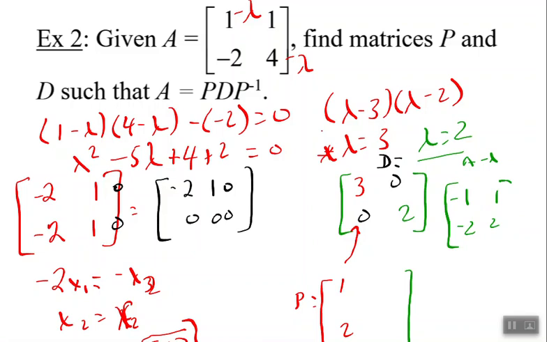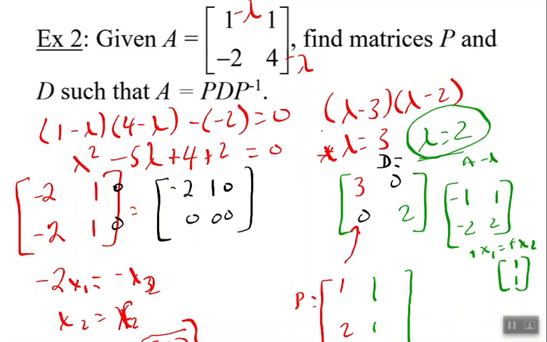Again, this row is just a combination of the first row. So now I have negative x1 equals negative x2. And so the eigenspace that corresponds to the eigenvalue of 2 is going to be 1, 1. So that is our p-value.